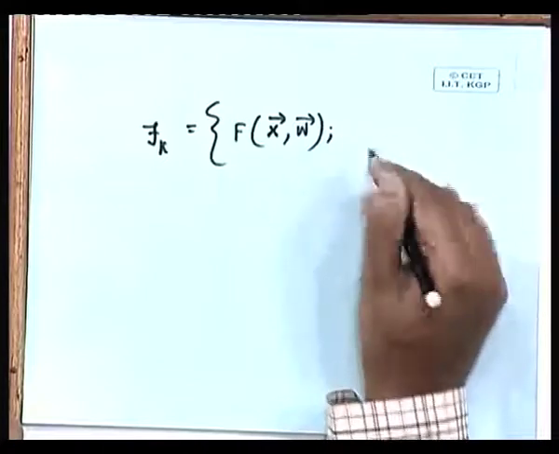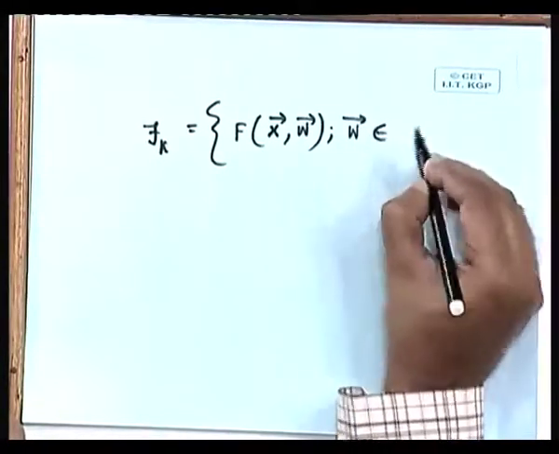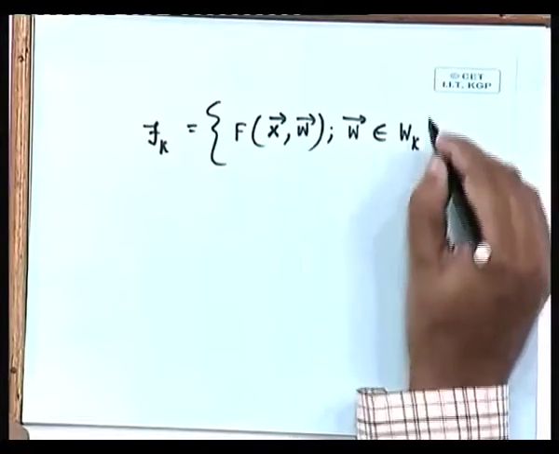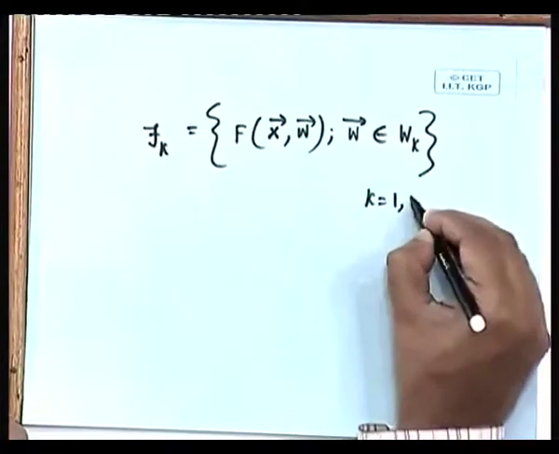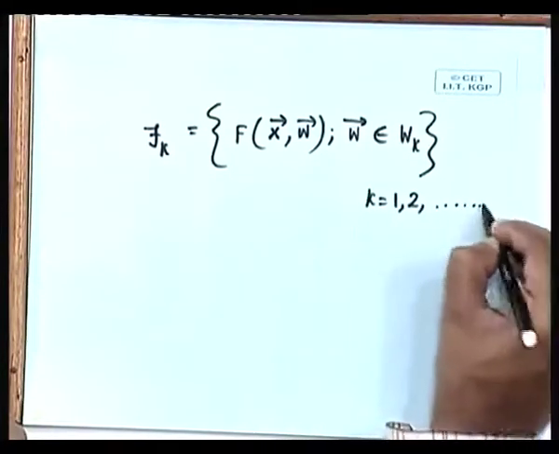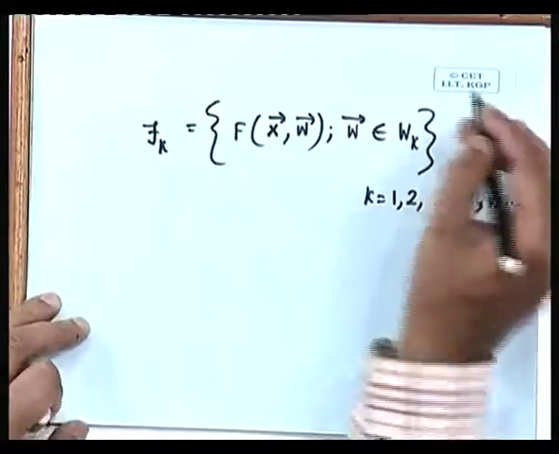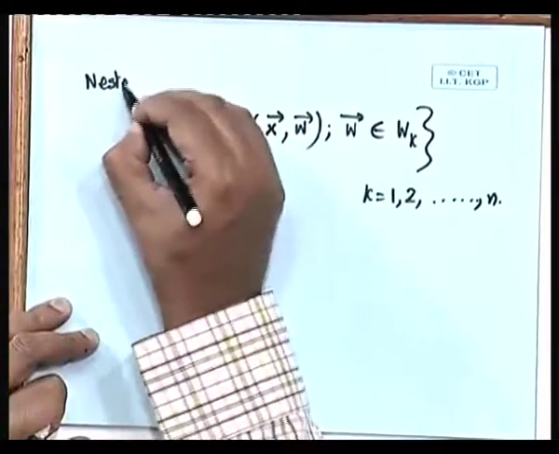And in this case, the w's will lie in the region Wk, and here k will be 1, 2 up to n. That means we are considering a nested structure of n pattern classifiers.